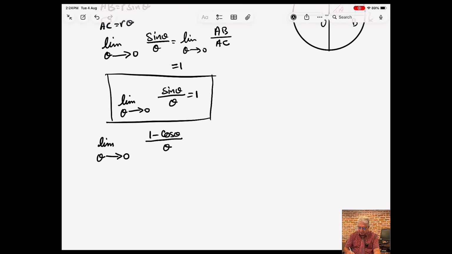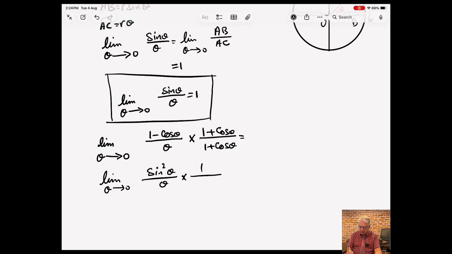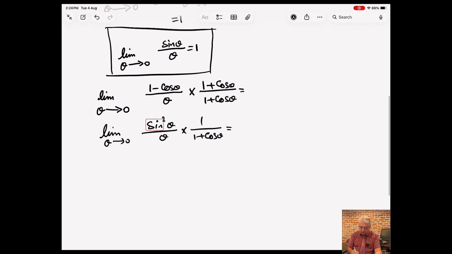For this, I will multiply numerator and denominator by 1 plus cos theta. The numerator will be 1 minus cos square, which is sine square theta. Therefore, this is equal to the limit as theta goes to 0 of sine square theta divided by theta times 1 over 1 plus cos theta.